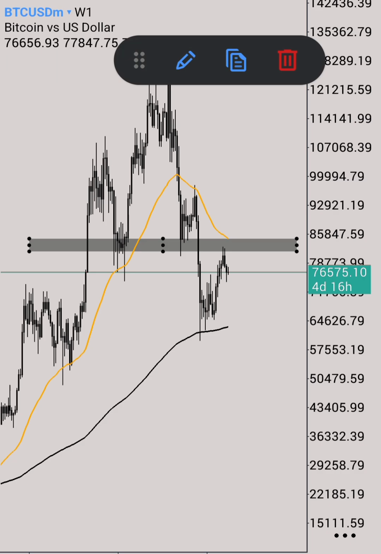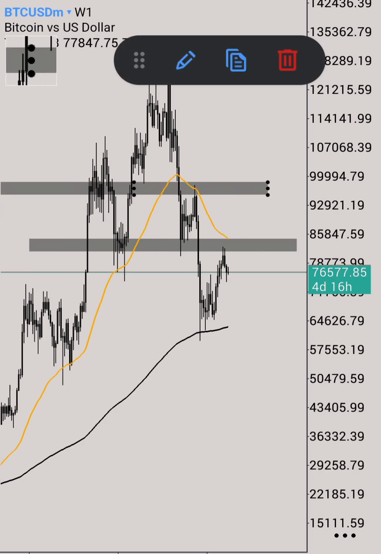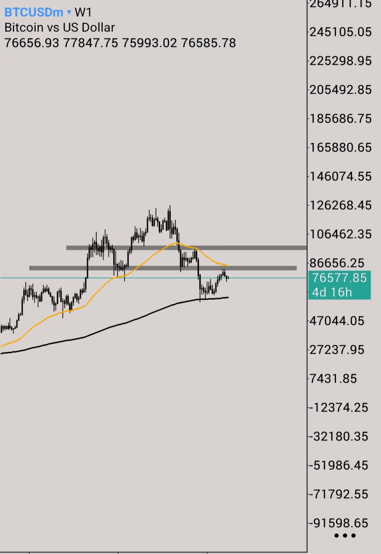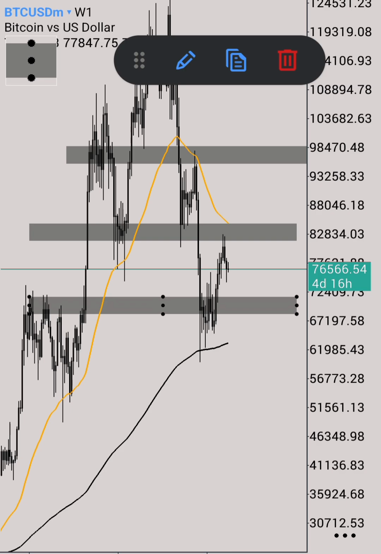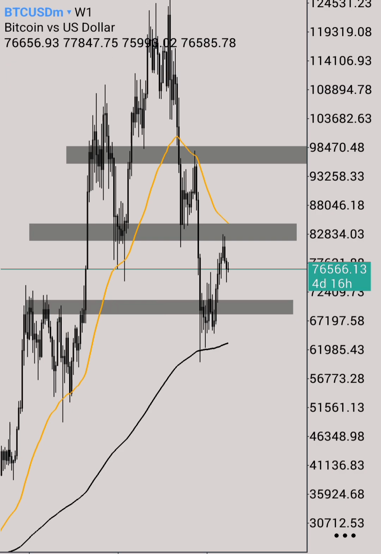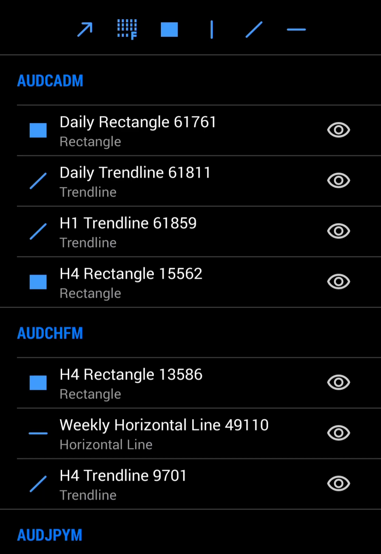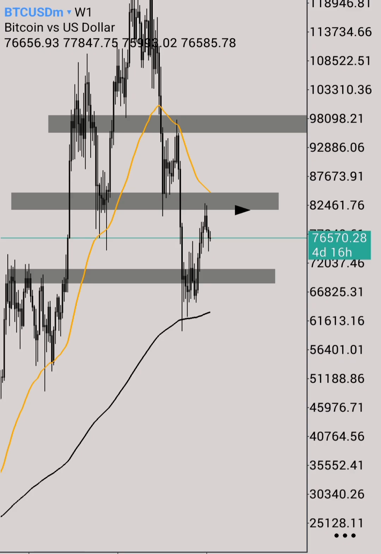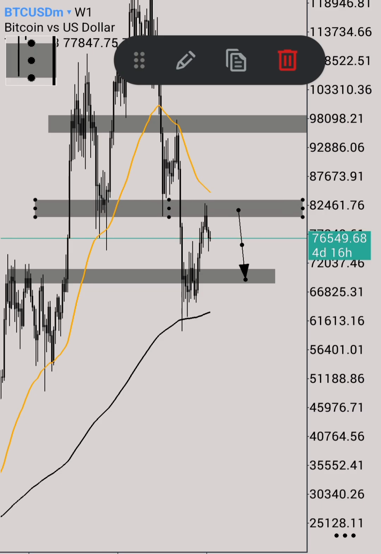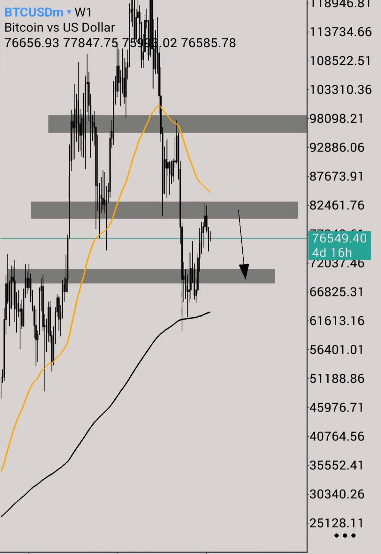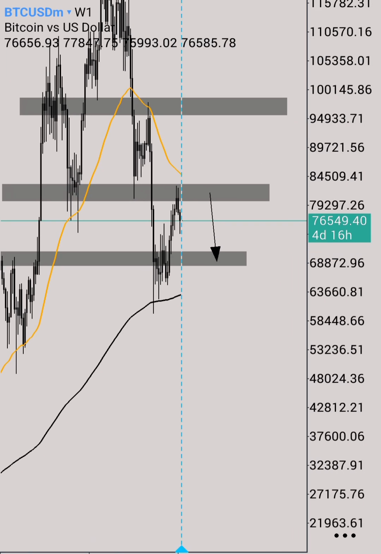We could also see an area at this point, and we also have an area at this point, right? So we expect the market to move from this very area of interest to the next area of interest. But then we're on the weekly time frame. How do we get an entry?